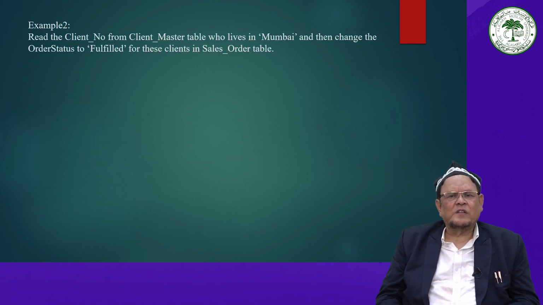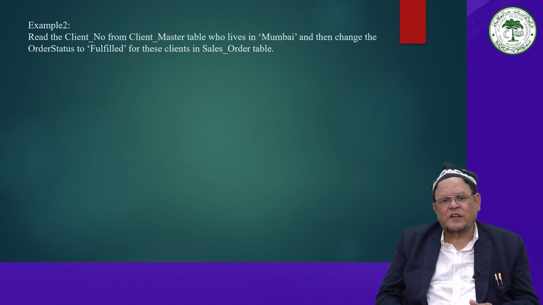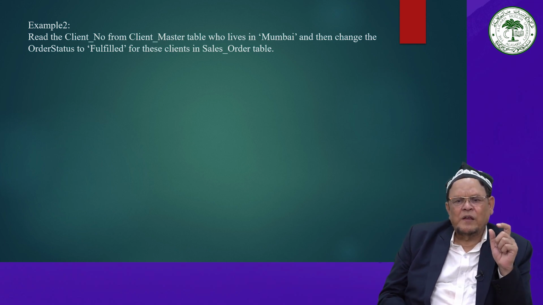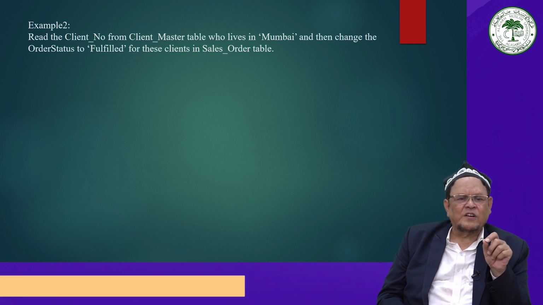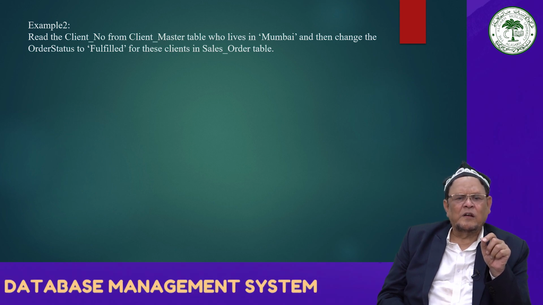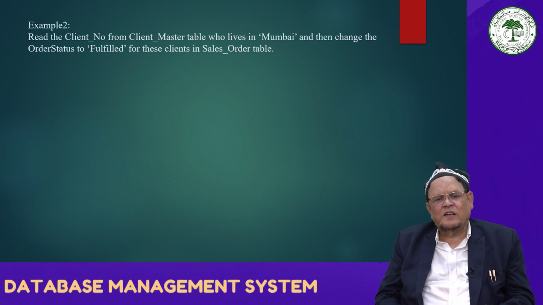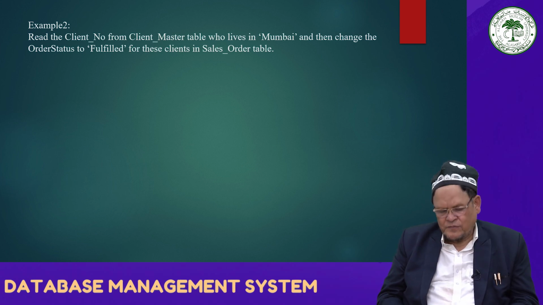The next question: read the client number from the client master table for clients who live in Bombay and then who live in Mumbai, and then change the order status to fulfilled for this client in the sales order table.